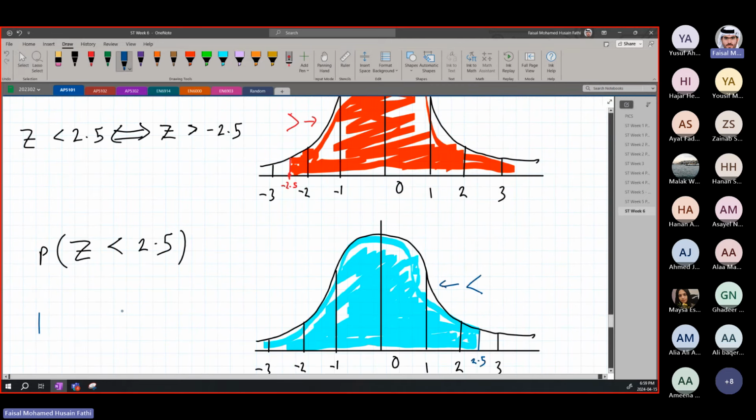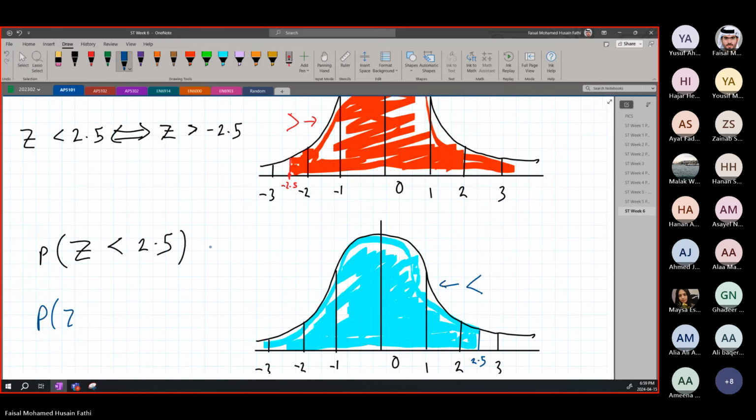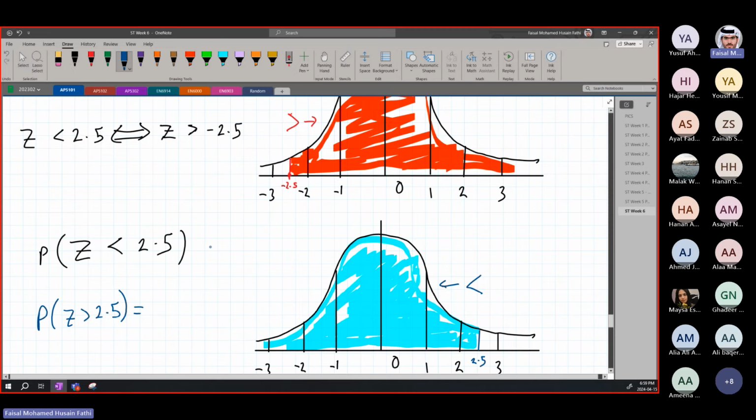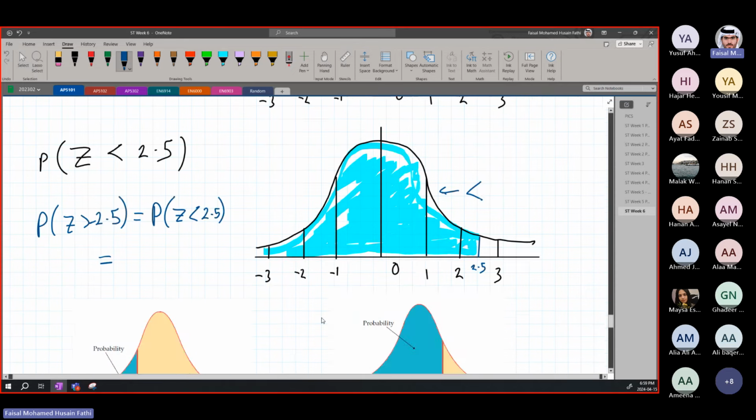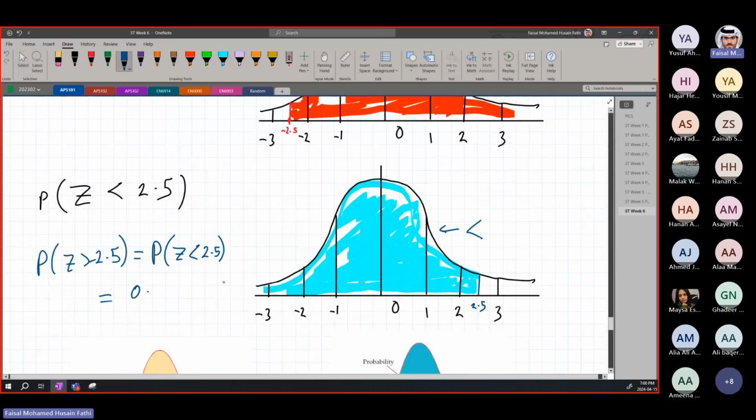So the probability of z greater than minus 2.5, which is equal to the probability of z less than positive 2.5, is going to be equal to 0.9938. Okay? Try to understand what I have done.